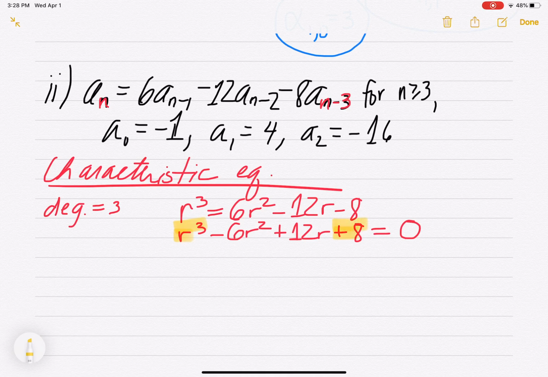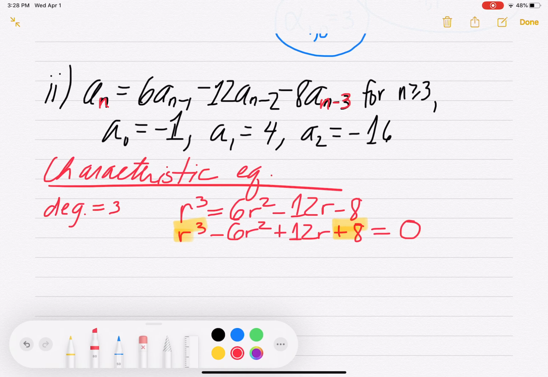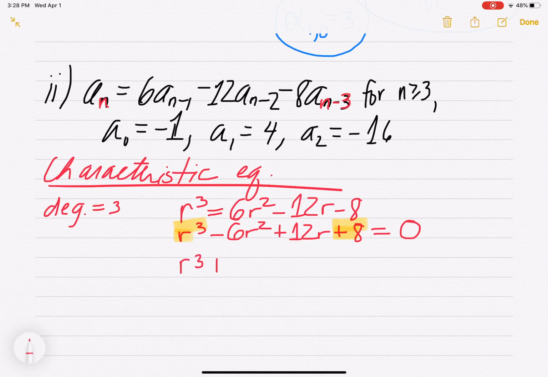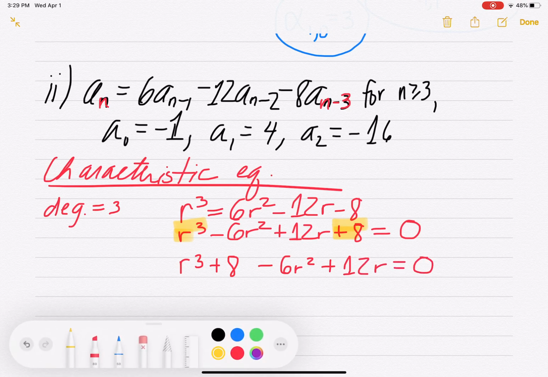r cubed and plus 8 is a sum of cubes, right? Sum of cubes. So we can put those together. And the other, minus 6r squared plus 12r, we can put together. So I'm going to put a highlighter here.